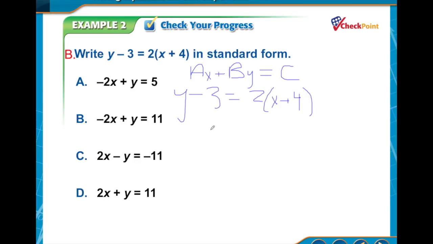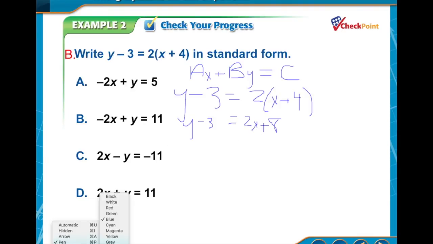So I know I want to get my x's and my y's together, but I need to distribute this too. So let's do that. So here we'll get 2x plus 8 when we distribute. And over here we still have the same thing, y take away 3. Now I know I want my x's and y's together.